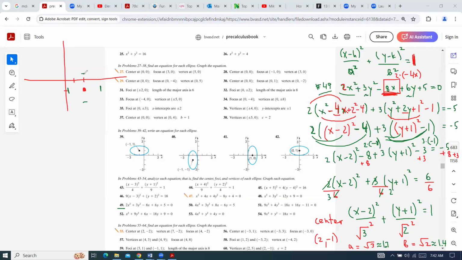So now I can try to put the picture. So it's similar to a circle somehow, because the a and b are pretty close to each other, 1.7, 1.4, but it is still not a circle, still a little bit contracted from the top and the bottom, squeezed a little bit.